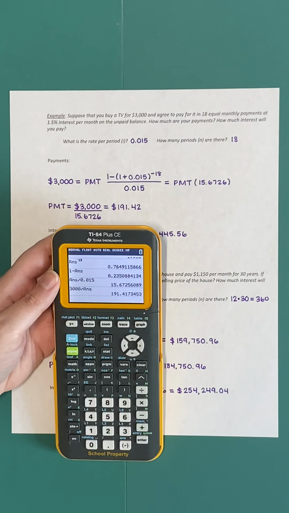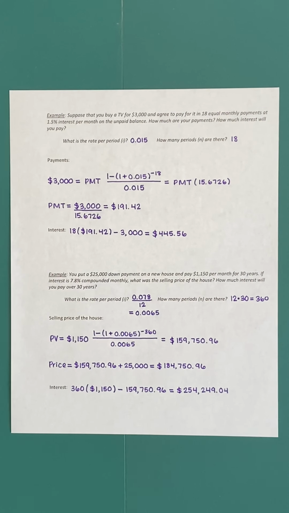Okay, well then our question is, how much interest are we paying? You're going to pay more than $3,000 when you pay off this TV because you're being charged interest. You have to kind of think about it, like, why do they charge you interest? How are they making money? Because if they give you a TV that's supposedly worth $3,000 and you give them $3,000, well, it's a one-to-one trade, right?